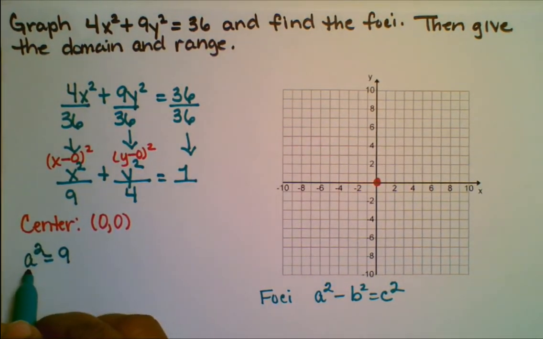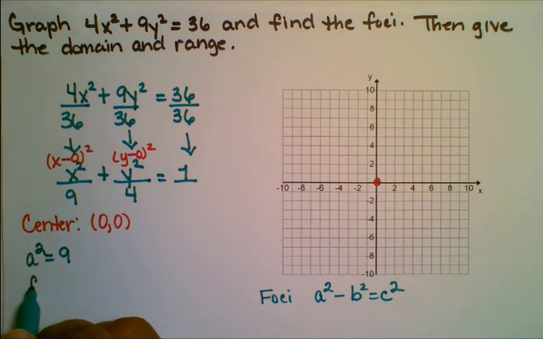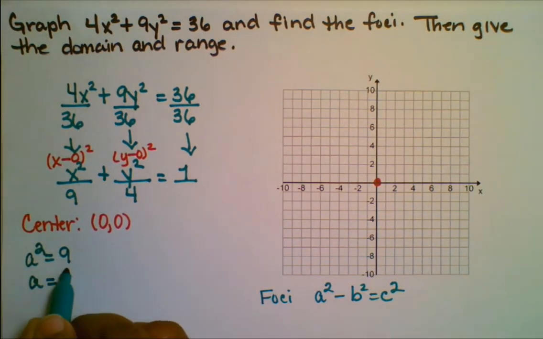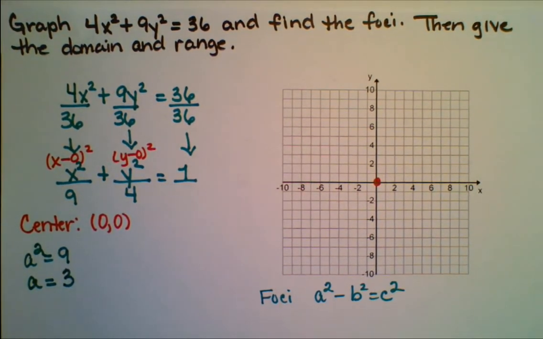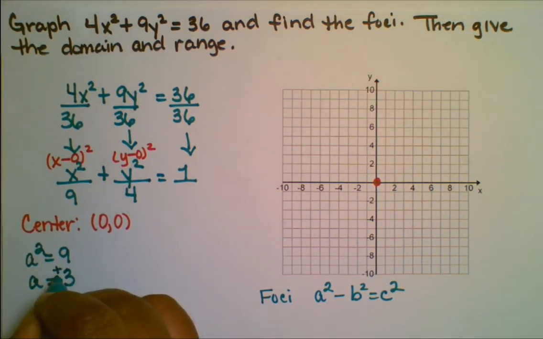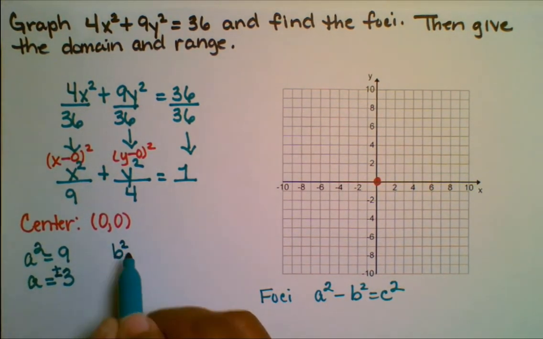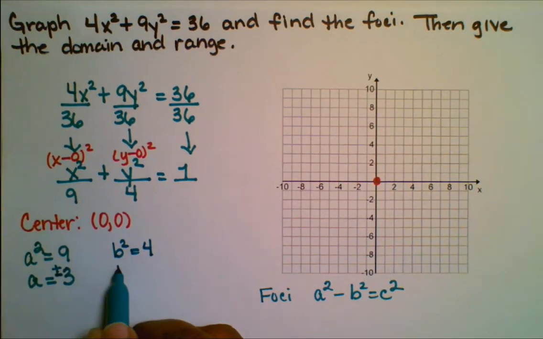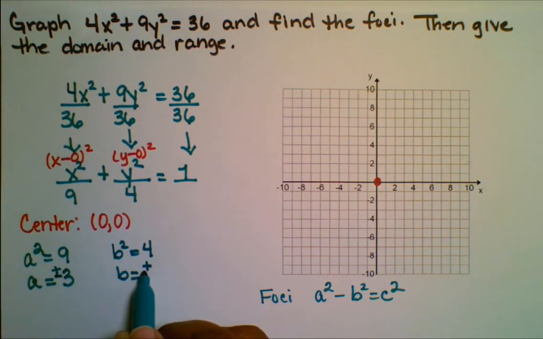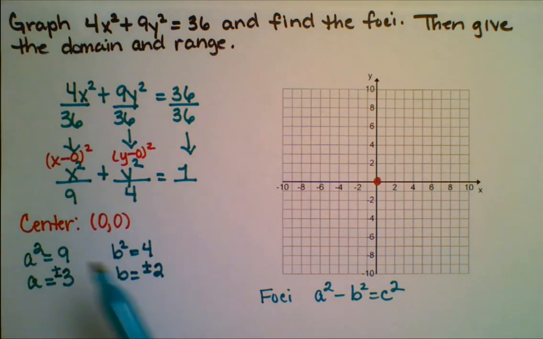If our a squared is 9, then a is going to be, taking the square root of both sides, plus or minus 3. And then our b squared is 4, therefore b is going to be plus or minus 2.